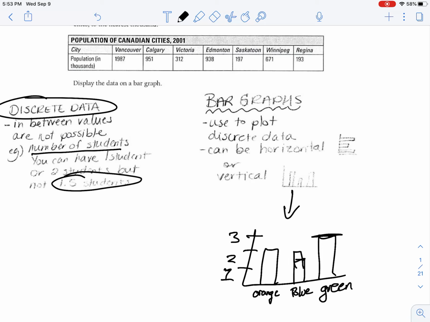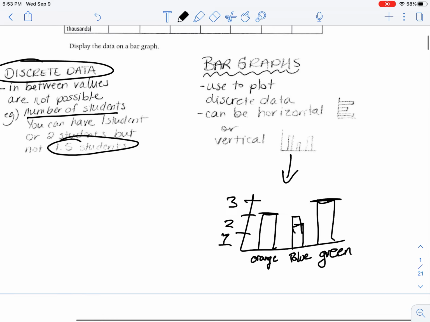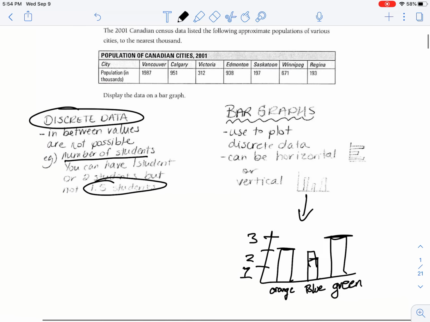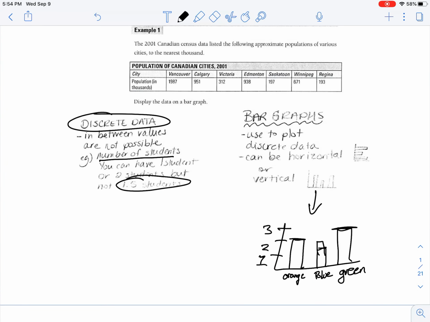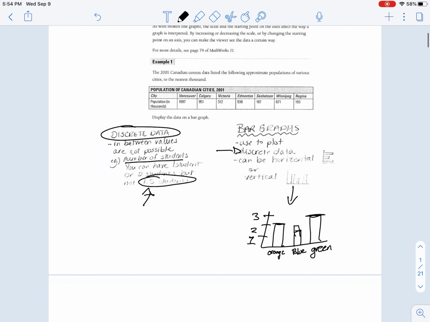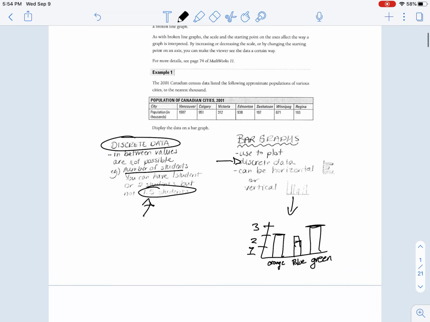This should actually go up to 2 as well. Okay, you couldn't have 1.5 of a car. So that's what bar graphs are really used for. They're used for discrete data, again, being something that cannot be halved or cut in half or a third. It has to be a whole number.